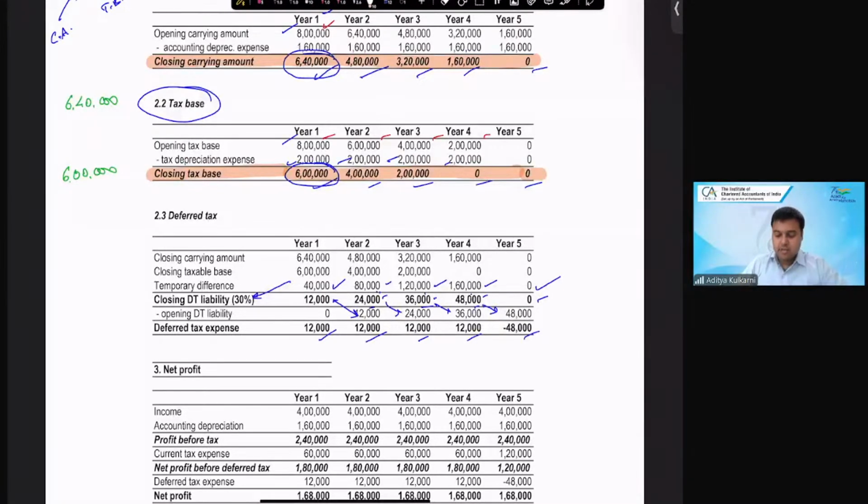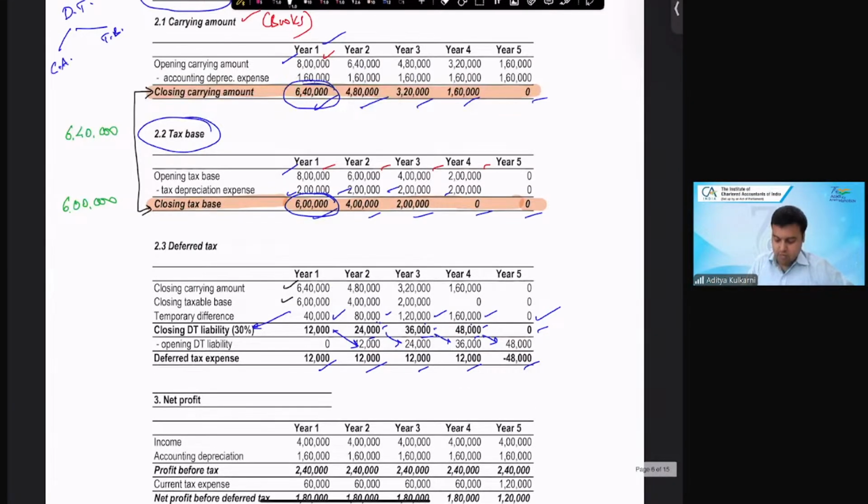What Ind AS 12 tells us is, don't go through the long method of P&L and then arrive at your tax. Compare these two amounts, the carrying amount and the tax base. First year, your carrying amount is 6 lakh 40, tax base is 6 lakhs. So difference is 40,000.